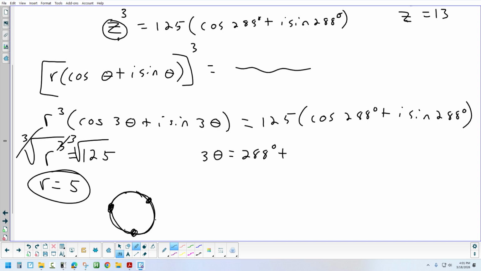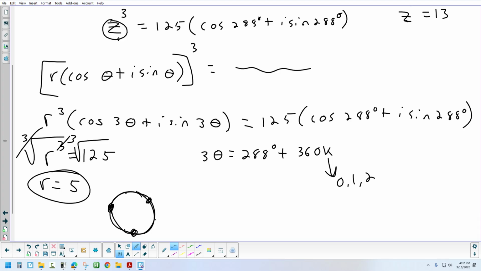What do you have to put on the end to make sure you get all the dots? Plus 360k. Because we're doing degrees, we want to put plus 360k. And what are we going to plug in for the 3 values of k? 0, 1, and 2.